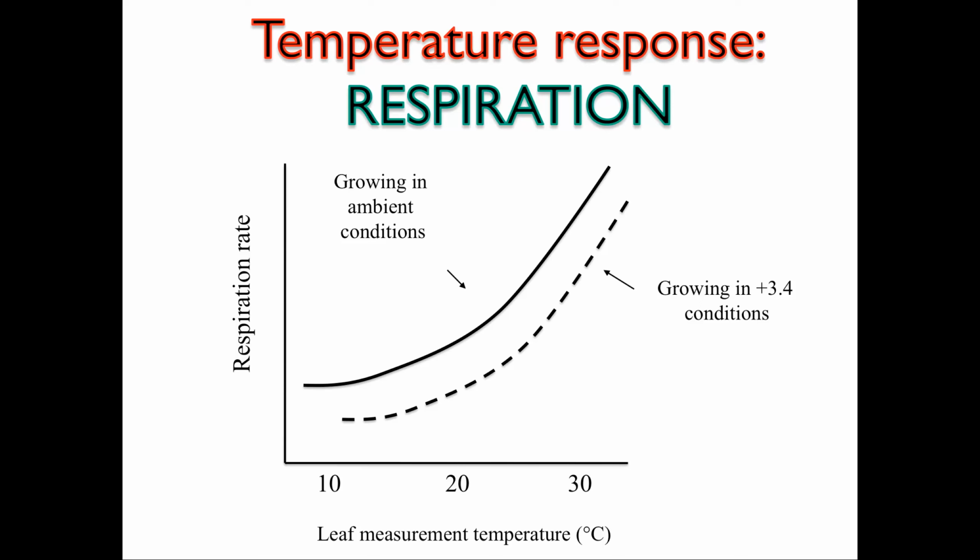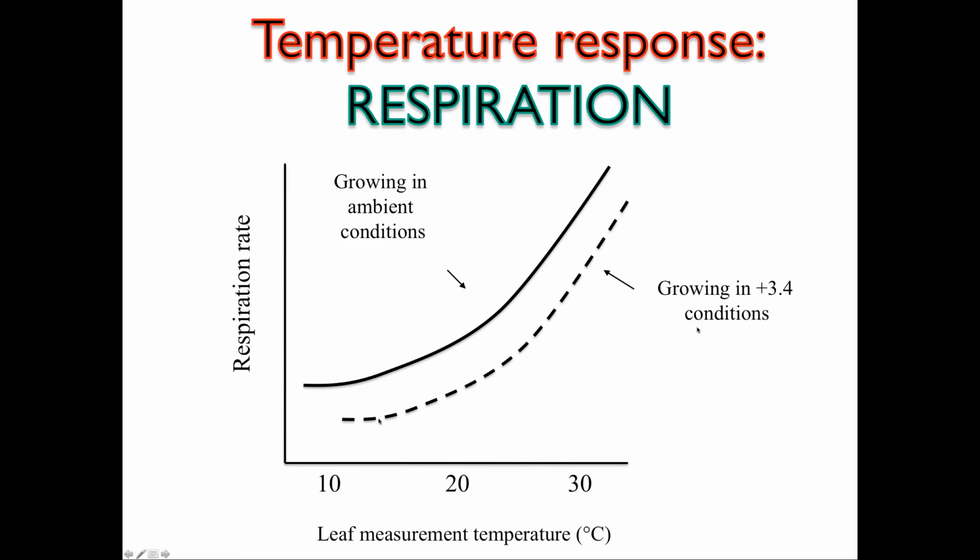Respiration can also acclimate. So here's a kind of a cartoon looking at respiration of a leaf measured over a range of temperatures that had been grown in, say, ambient climate conditions in northern Minnesota, and it has a particular shape. Then we take a leaf on a plant that was growing in slightly warmer conditions, so plus 3.5 degrees Celsius.